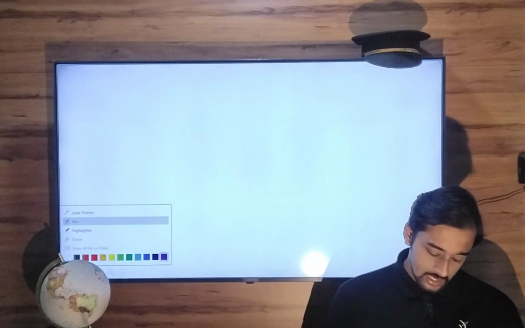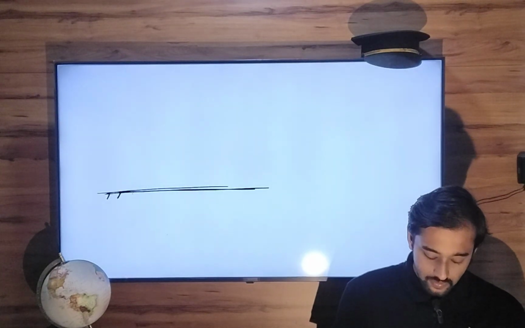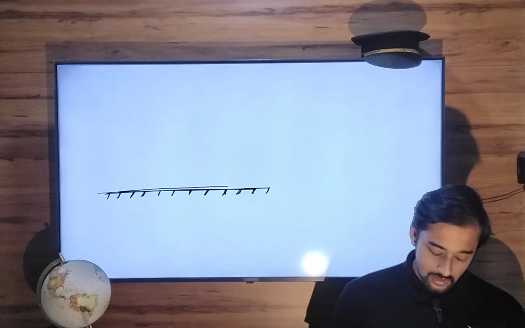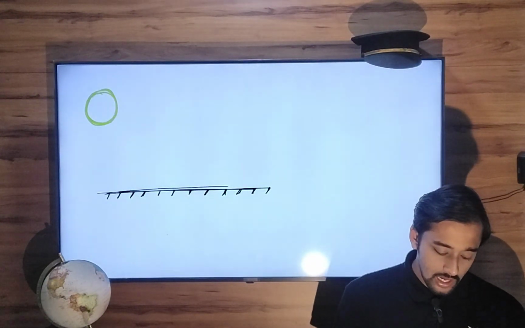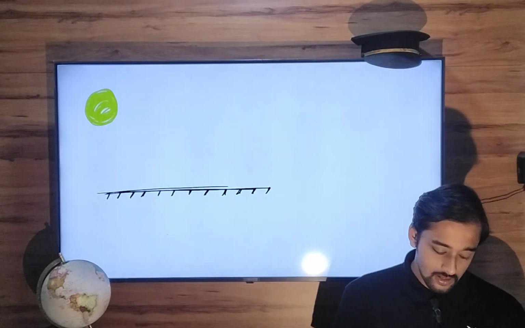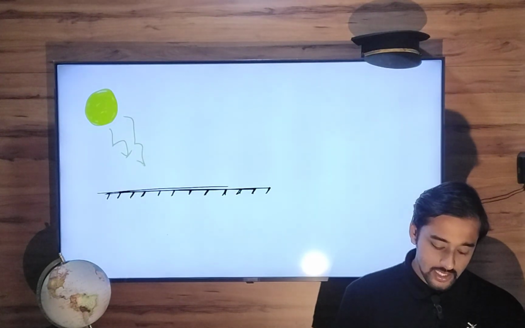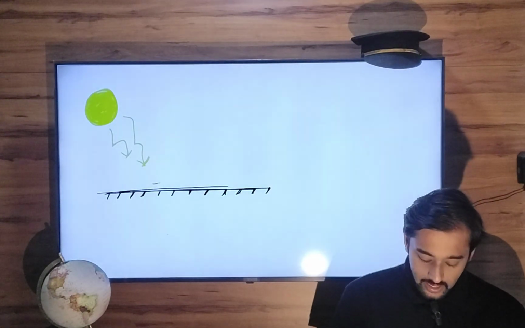Let's say this is your land surface, and this is the sun. The insolation of the sun will be received by the land surface. As a result, this land will get heated up.